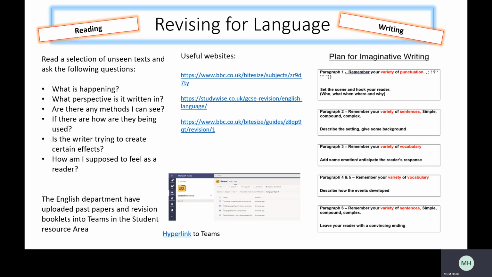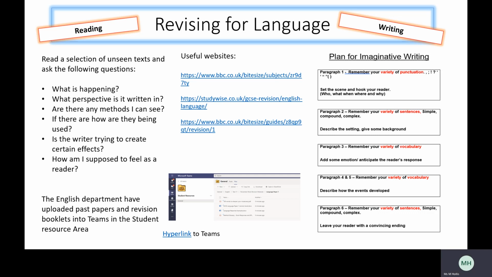For writing, students can practice this in a variety of different ways. The most effective way is simply to choose an image and write about it, and plan for imaginative writing using the framework on the slide. Remembering, are they using a variety of punctuation? What effect are you trying to create through your punctuation?